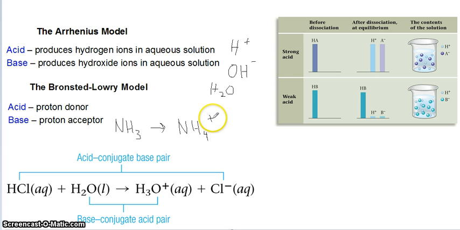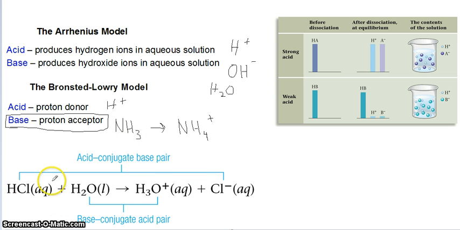So by the Bronsted-Lowry definition, he's actually a base as well. So an acid is still a proton donor, but a base in the Bronsted-Lowry model is anything that accepts protons.